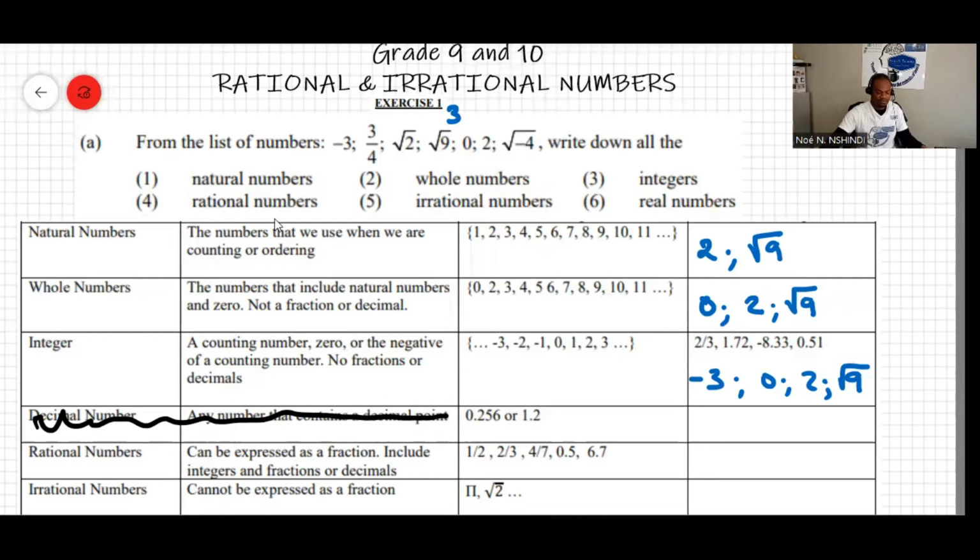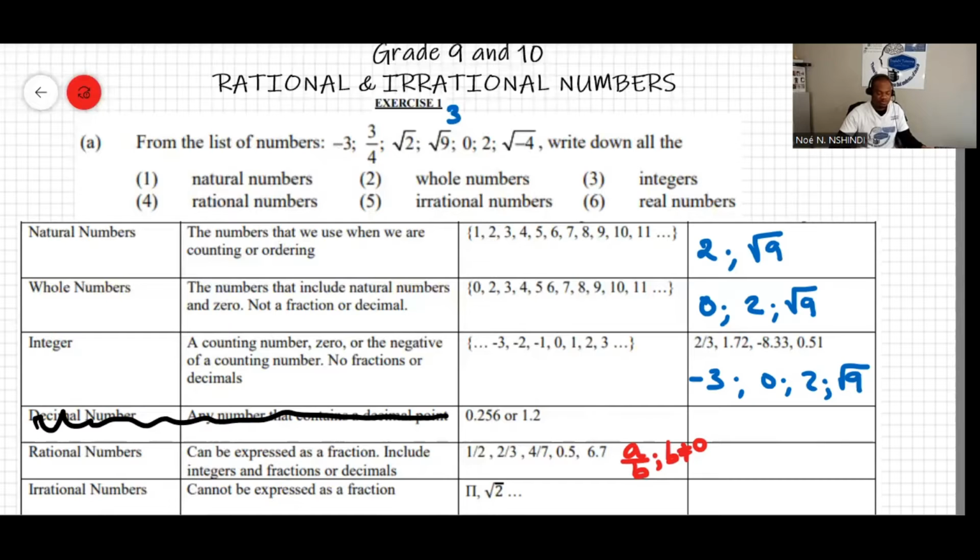And then the next question is rational numbers. What are rational numbers? Rational numbers can be expressed as a fraction, and include integers and fractions or decimals. Rational numbers are basically anything of the form A over B. Anything that we can write in the form A over B, knowing that B cannot be 0, is a rational number. Now, is -3 a rational number?